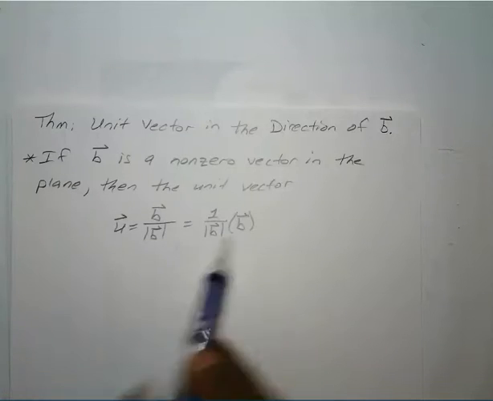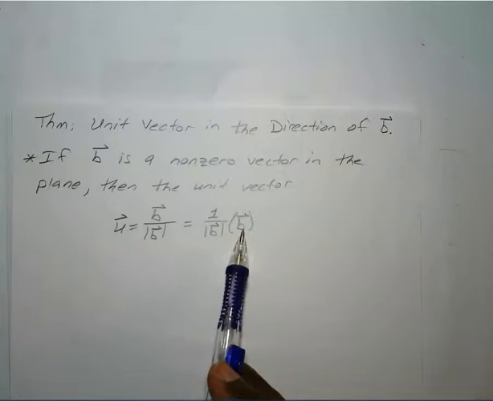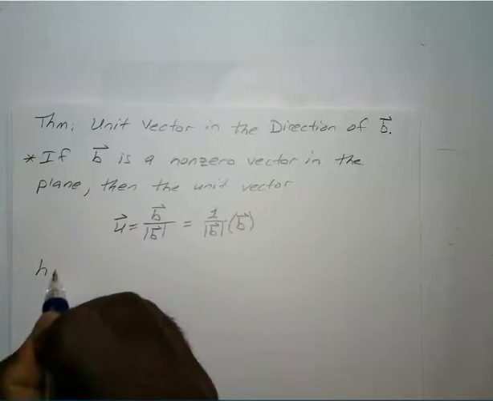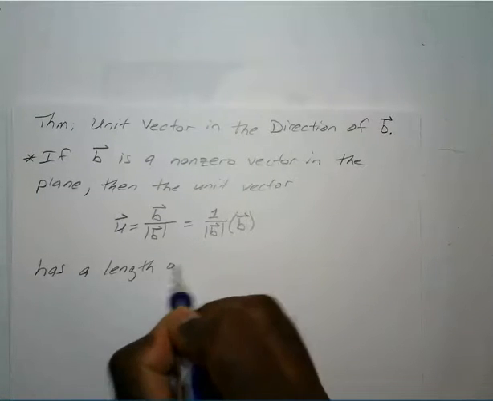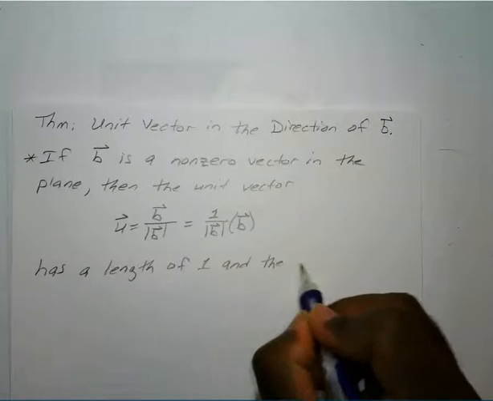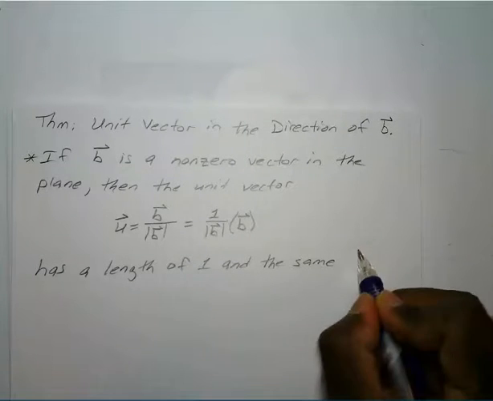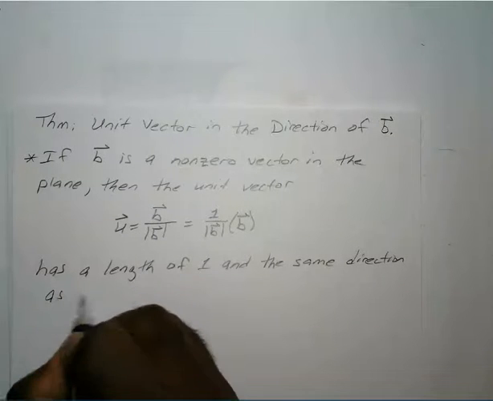So the unit vector u equals 1 over the magnitude of b vector times b vector, and it has a length of 1 and the same direction as our b vector.